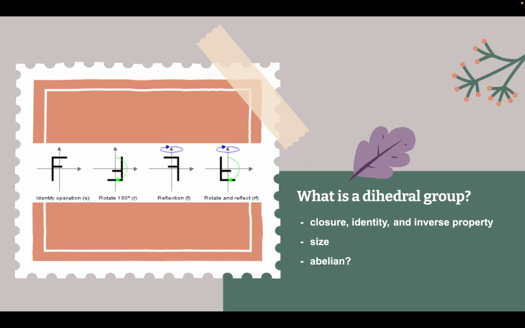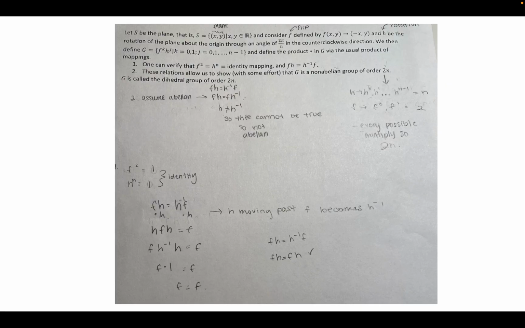We established that f squared is equal to the identity and h to the power of n is equal to the identity. I have a visual of this, and I'm talking about the bottom part here.